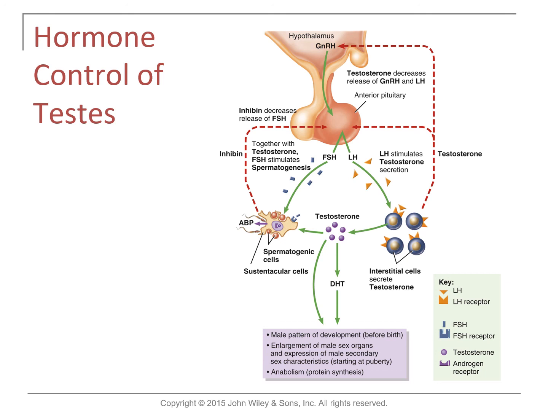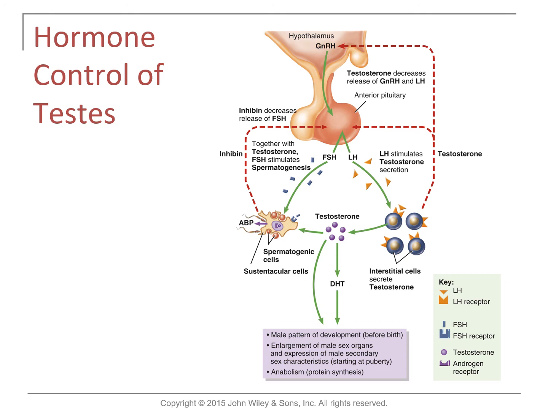In response to FSH and testosterone, the Sertoli cells will produce androgen-binding protein that binds to testosterone and keeps the levels of testosterone high around the developing spermatogenic cells, allowing testosterone to support the final stages of spermatogenesis.